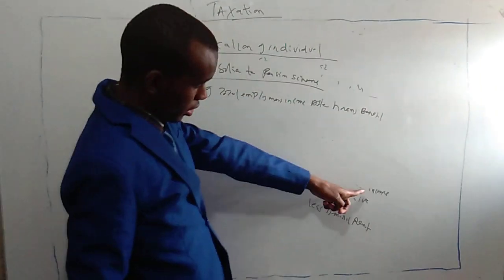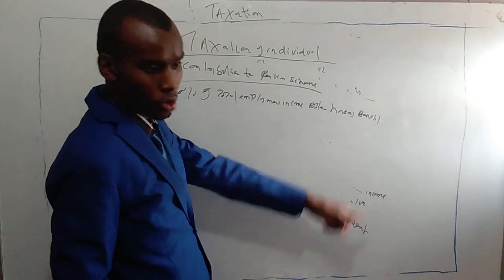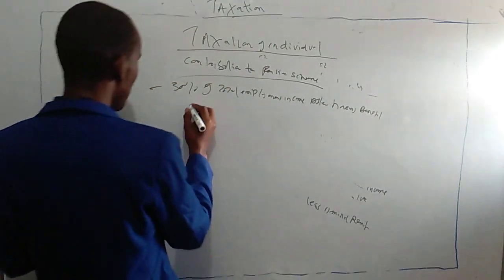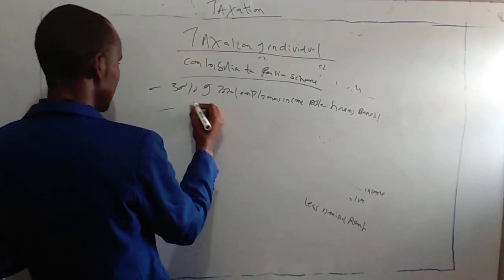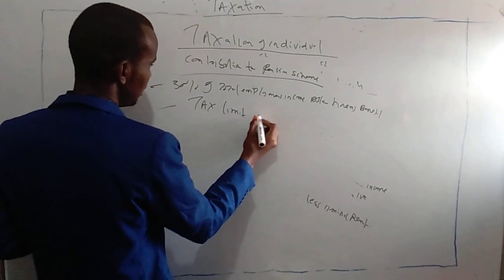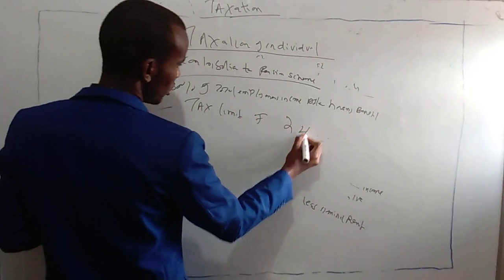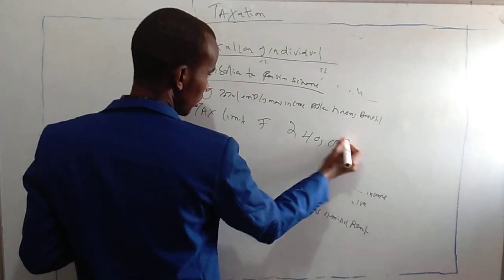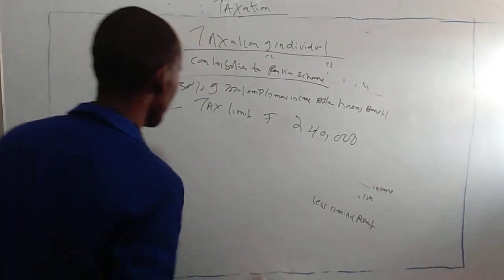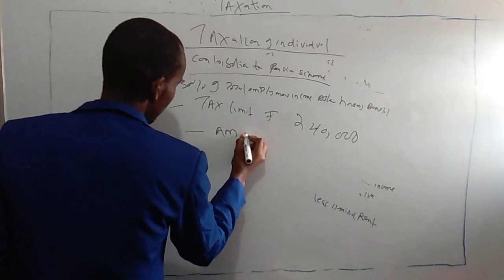Remember, for the housing benefit, the employment income was before housing, but this one is after the housing benefit. We compare it against the tax limit of 240,000, then the amount contributed.